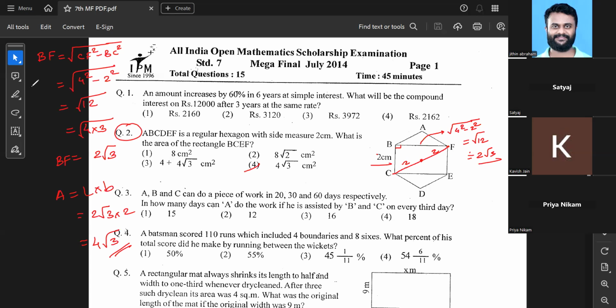I'll be solving it after a minute. Okay, let me erase this.